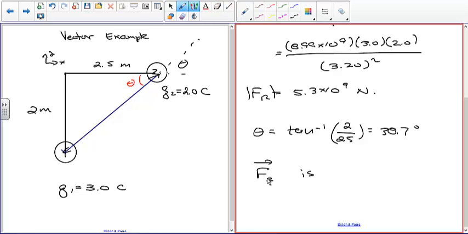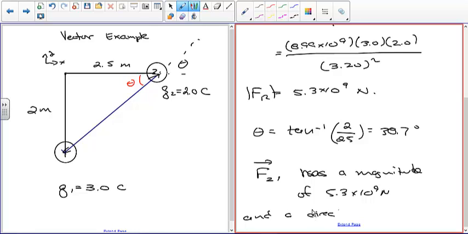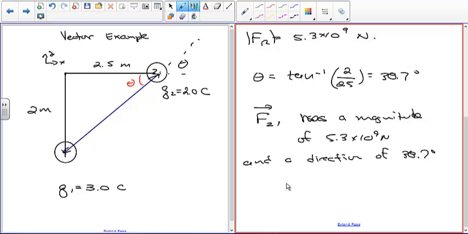So the force on charge 2 due to charge 1 has a magnitude of 5.3 times 10 to the 9th newtons and a direction of 38.7 degrees relative to the positive x direction.